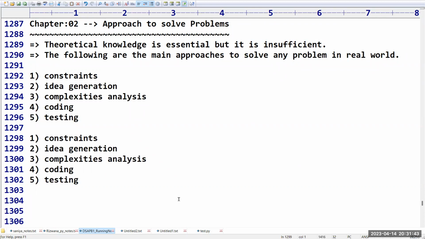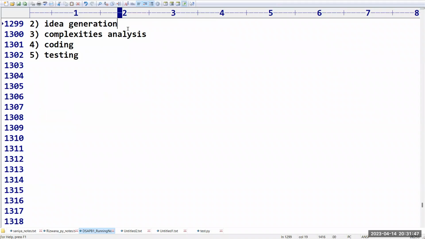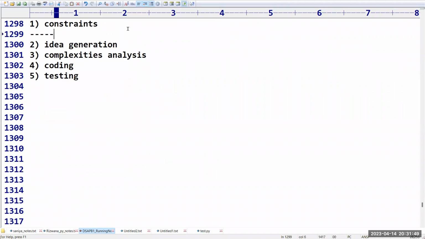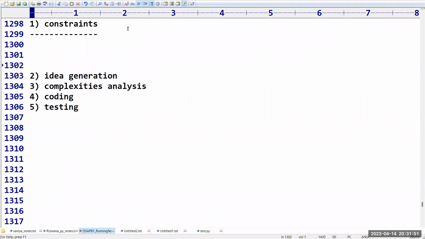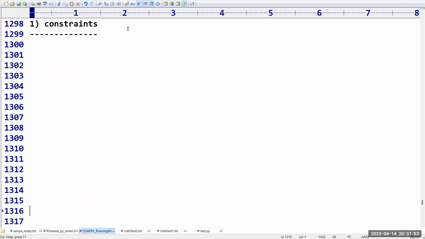Now, what is the next step, sir? Constraints. If any person is giving a problem for you, what is your first task, sir? For the given problem, constraints are very important.